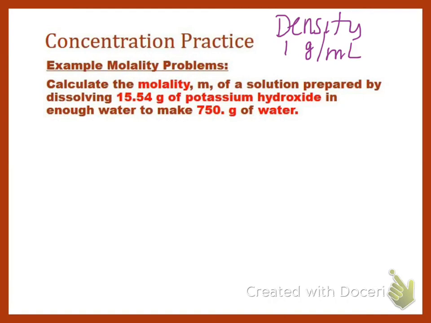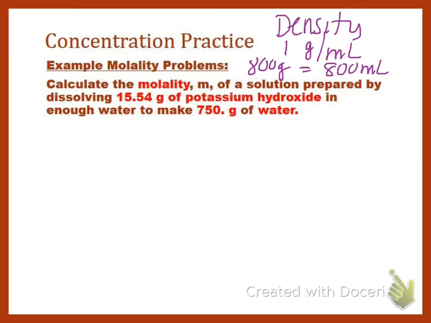So if I told you I had 800 grams of water, how many milliliters do I have? 800. It's equivalent. That's going to come in handy because most of the time when we go into the lab, I don't measure out grams of water. I pour it in a graduated cylinder and I measure volume.